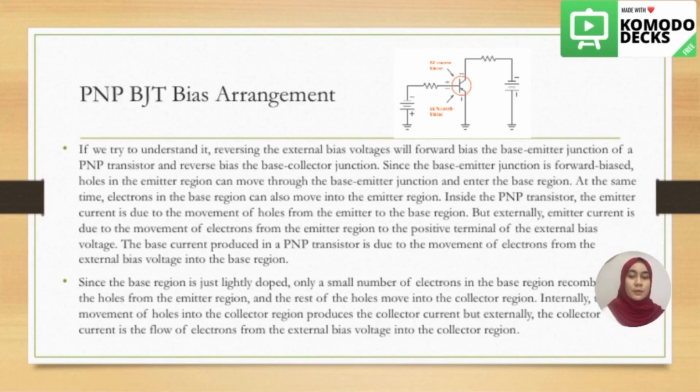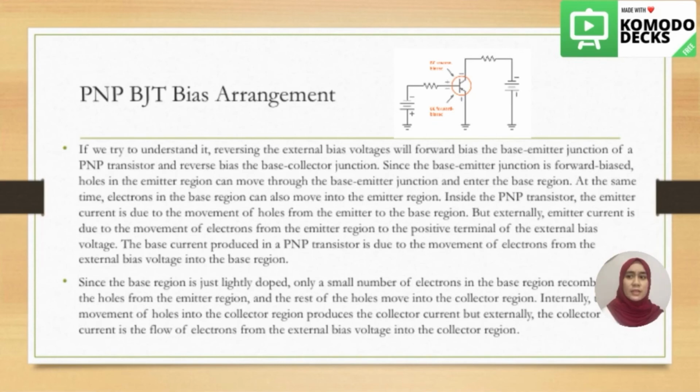But externally, the emitter current is due to the movement of electrons from the emitter region to the positive terminal of the external bias voltage. The base current produced in a PNP transistor is due to the movement of electrons from the external bias voltage into the base region.